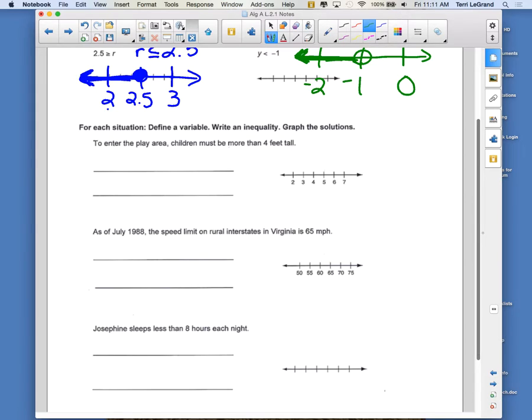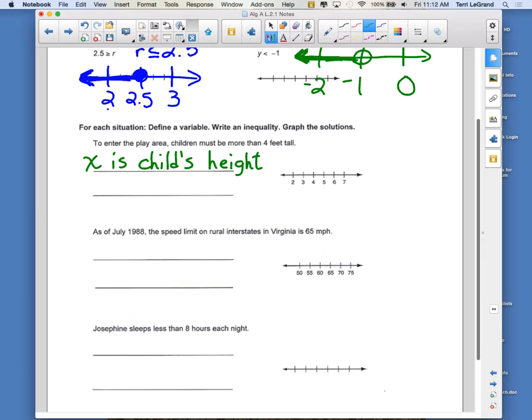So what do you think our X could represent in this problem? What's the thing that can vary? Their height. So X is child's height. You know, there are places like Valley Fair, when you go there, you have to be a certain height to ride on a ride. So X is child's height.